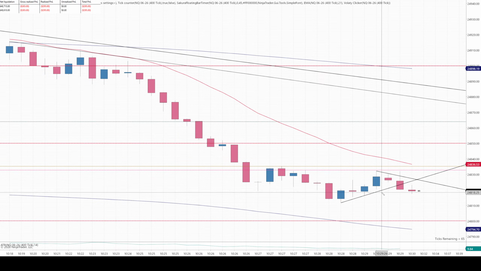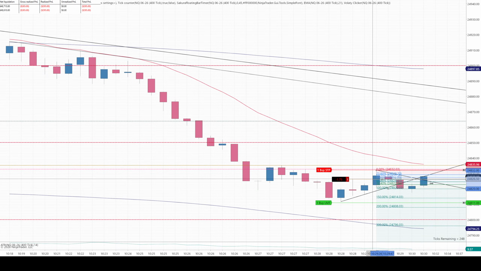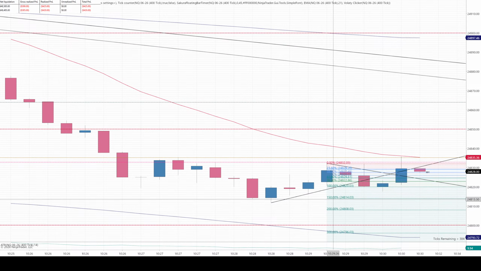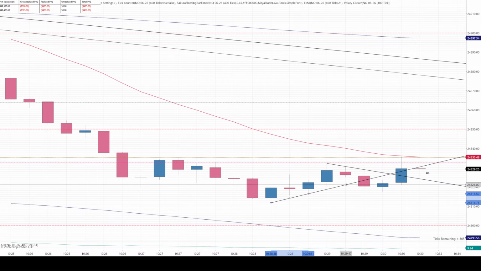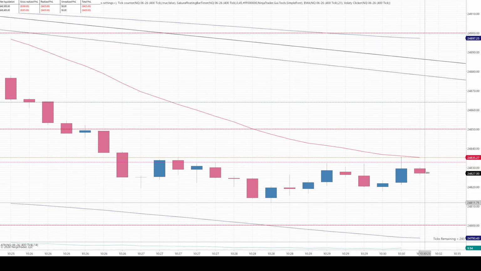Okay, this is a bearish setup here. Okay, what in the world? It's a perfect bear setup. All right.